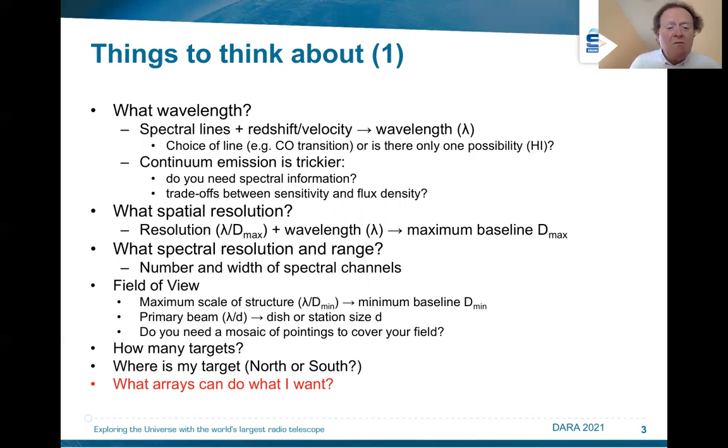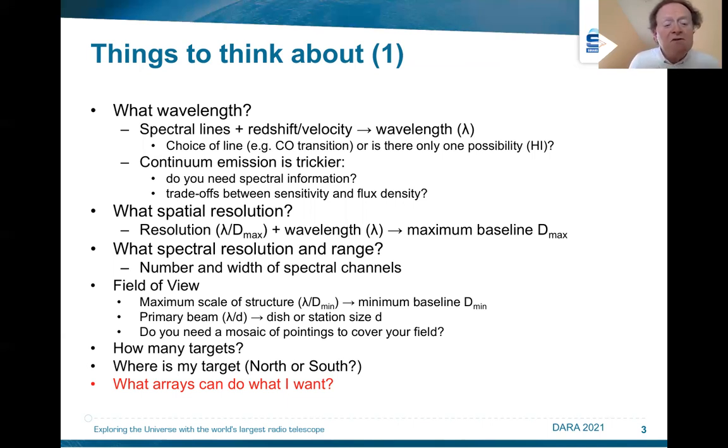Continuum imaging is a bit trickier because you need to make a trade-off between the flux density and the sensitivity. The flux density of the target may vary quite a lot with wavelength, as may the sensitivity of your telescope. So you need to decide what's a sensible compromise between the two of those. Then you need to pick the spatial resolution you need.